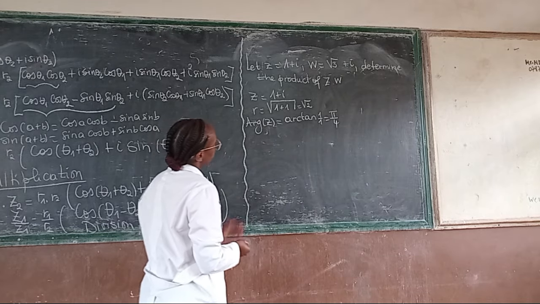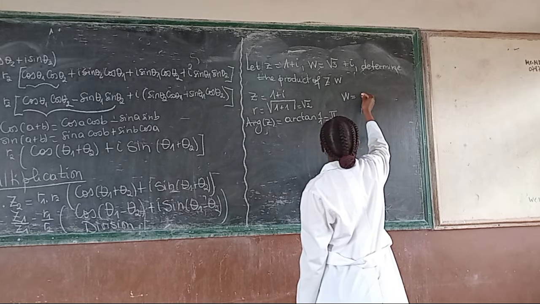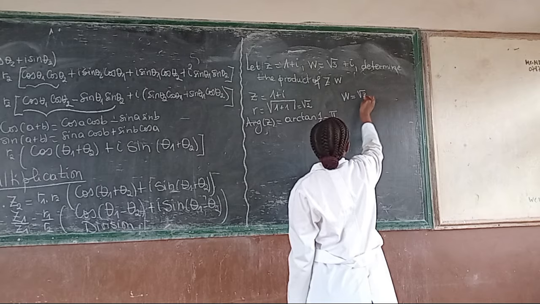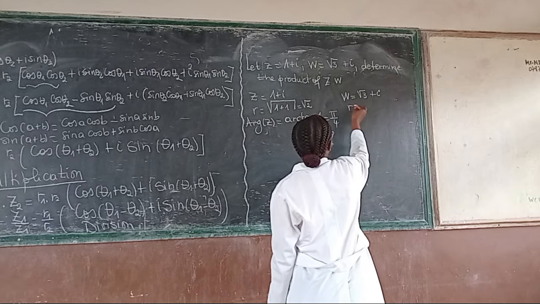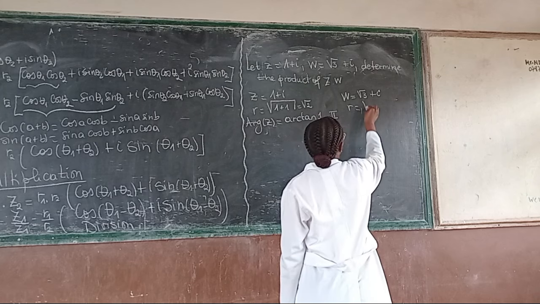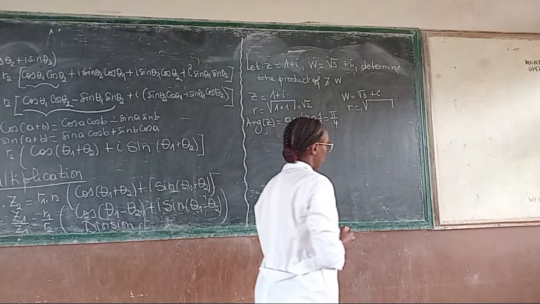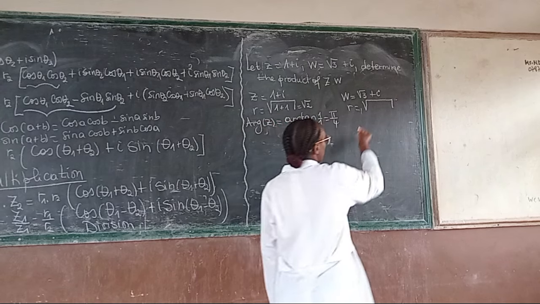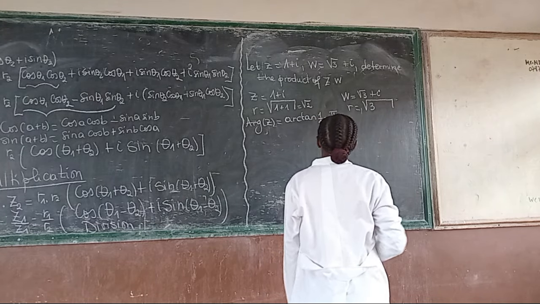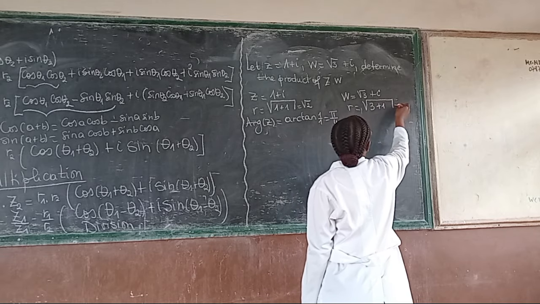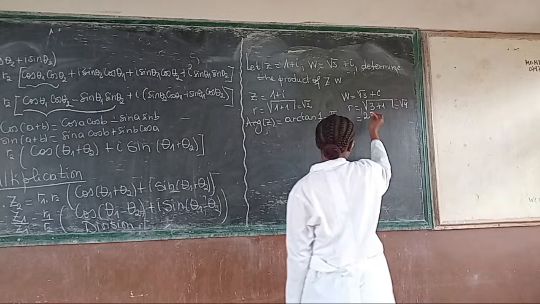Then I'm going to find the modulus of complex number w, which is square root of 3 plus i. So the modulus will be equal to square root of a squared plus b squared. a squared is the square root of 3 squared, which is 3, then plus 1, where we have square root of 4, which will be equal to 2.